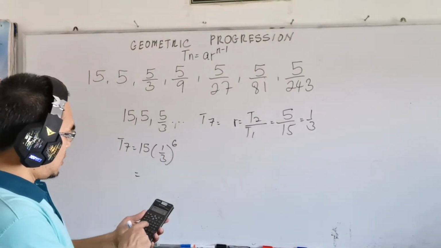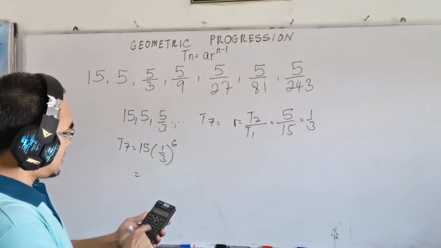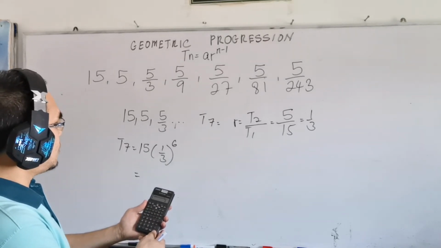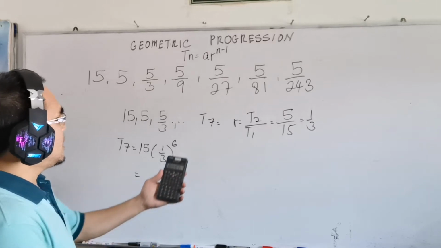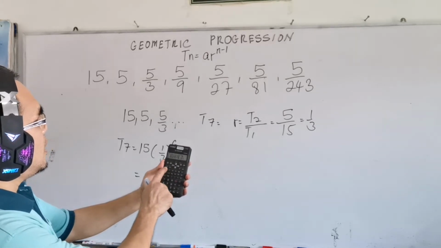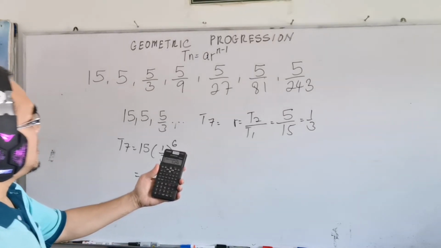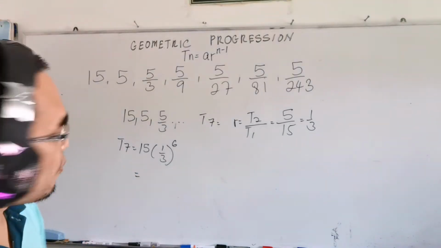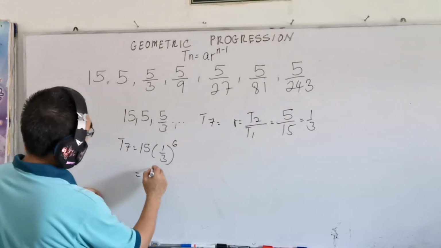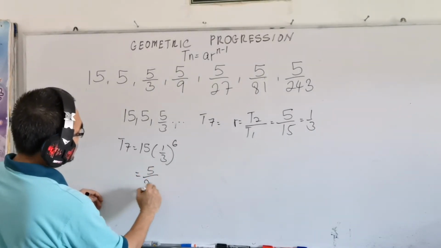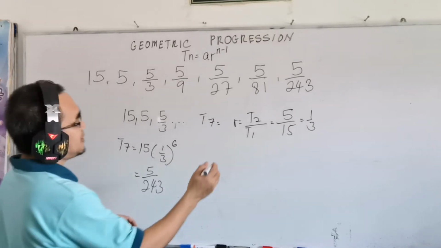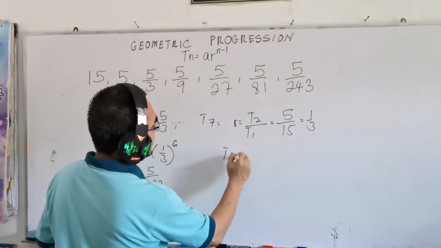That is the only thing that the calculator might not understand if you don't put it properly. So it's 0.020. If you change that to a fraction, it will be 5 over 243.